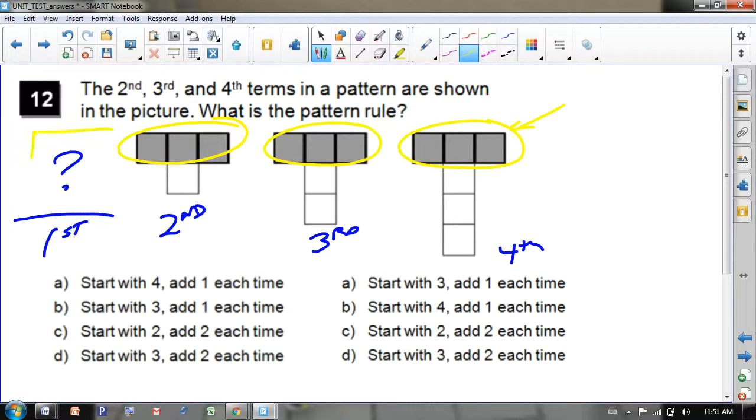So we will also start with our 3 shaded in. So this pattern starts with 3, and it goes up by 1 every time. So in version A, it's going to be selection B, and in version B, it's going to be the first choice there.